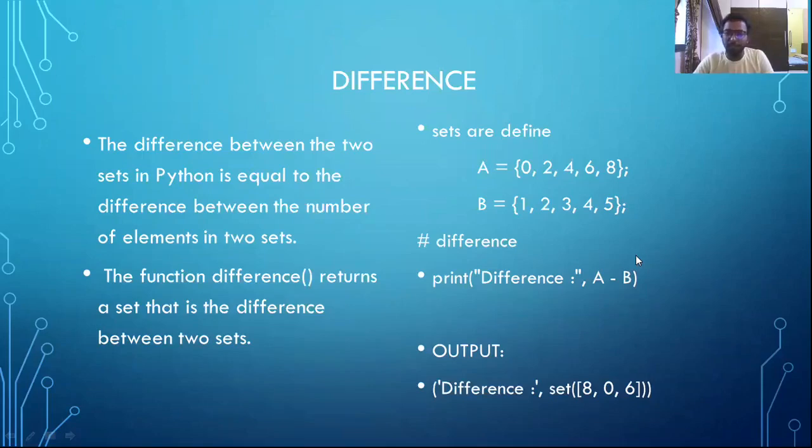Set difference is denoted by the minus sign. If you want the difference of set A with B, we use A minus B, and if you want the difference of set B to A, we do B minus A. This means that the element should only be in one set. It should not be in the other set, so it won't be common.